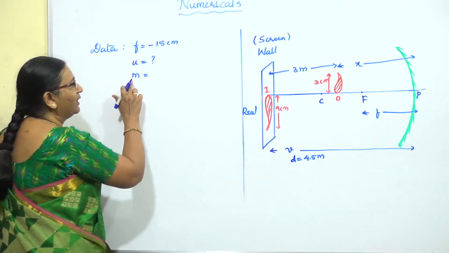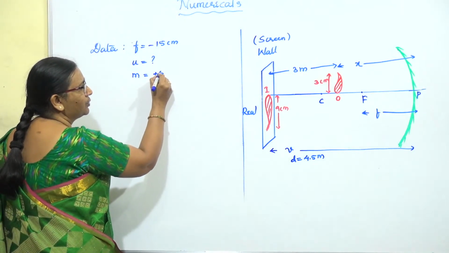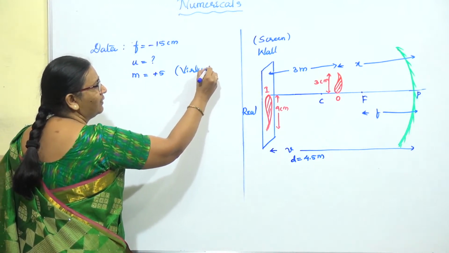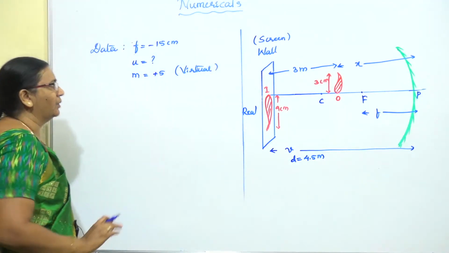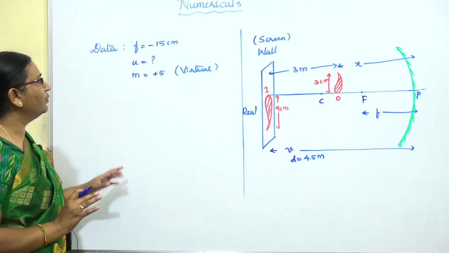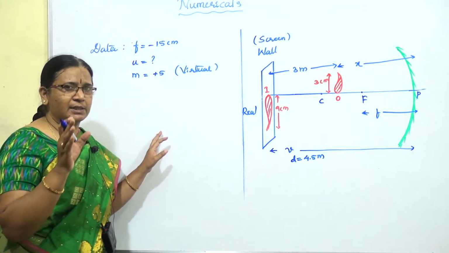And virtual magnification we take as what? Positive. Okay, we have a virtual image, and virtual magnification we take as positive. Okay. Now this is given. So yesterday in the afternoon video, if anybody has not observed, please go through it.